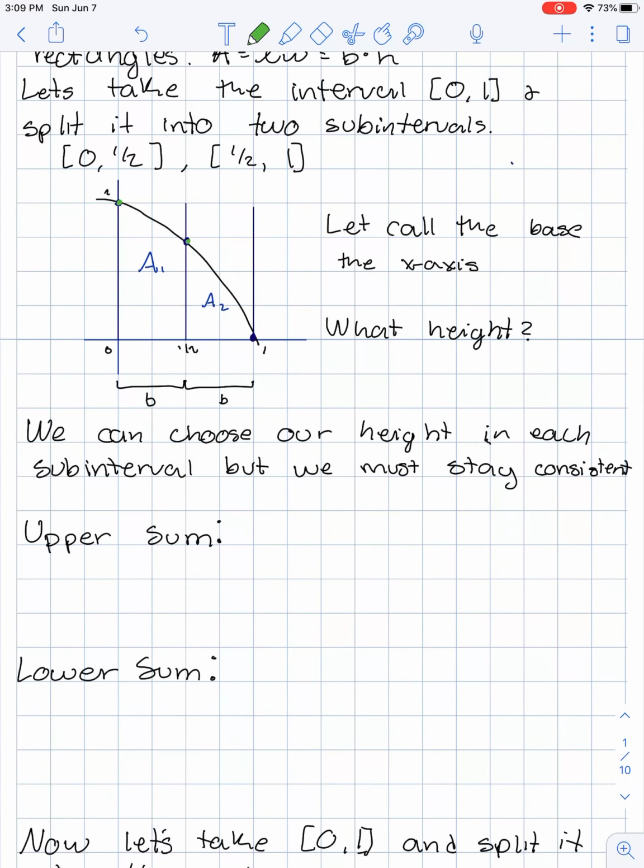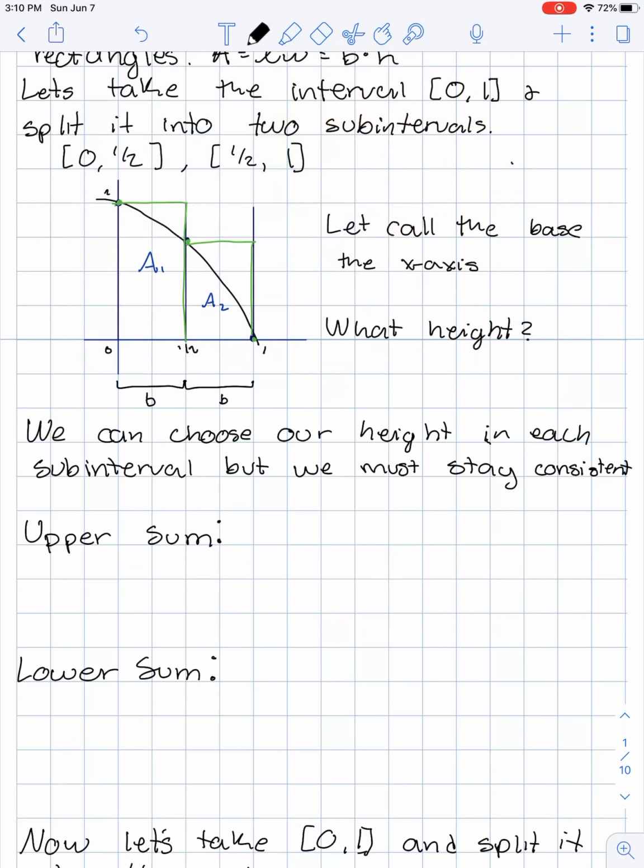And what that means is I'm going to look at the endpoints of my subinterval. So at 0, f of 0, and at 1/2, f of 1/2. And I'm going to choose which one is larger. So I can make this my rectangle. And similar for 1/2 to 1, my max between f of 1/2 and f of 1, that's f of 1/2. So I would choose this. And that would be my upper sum.